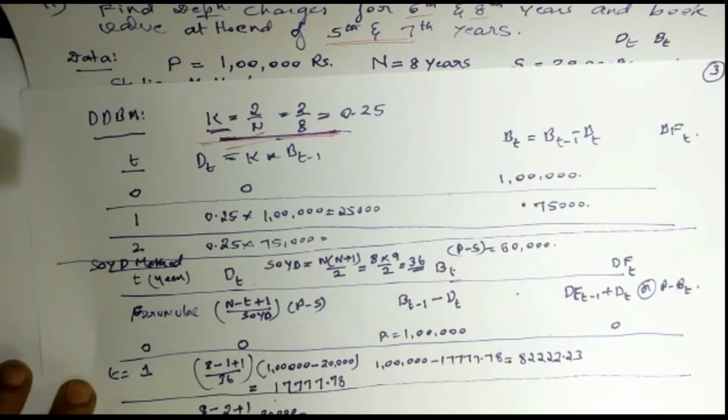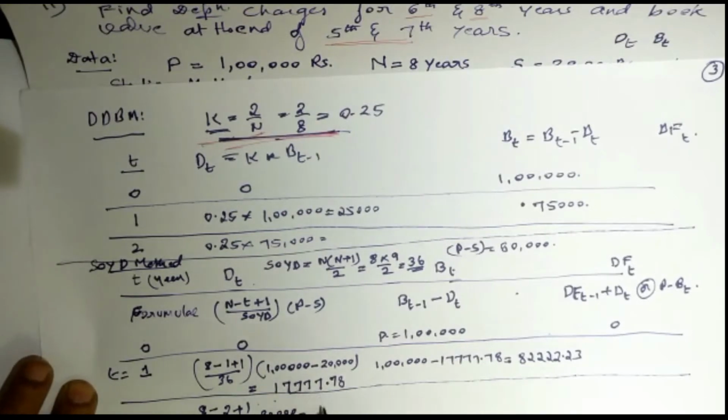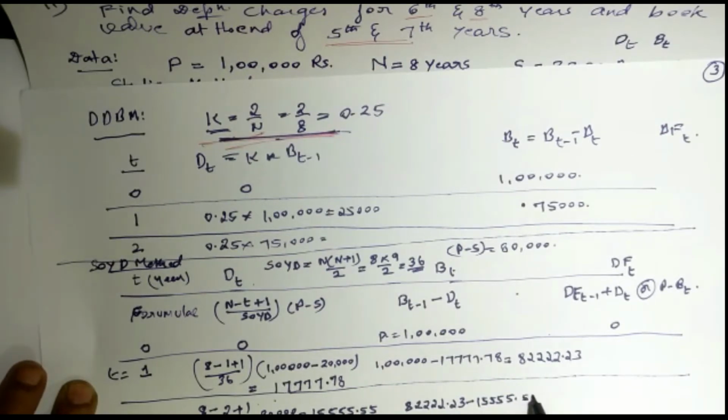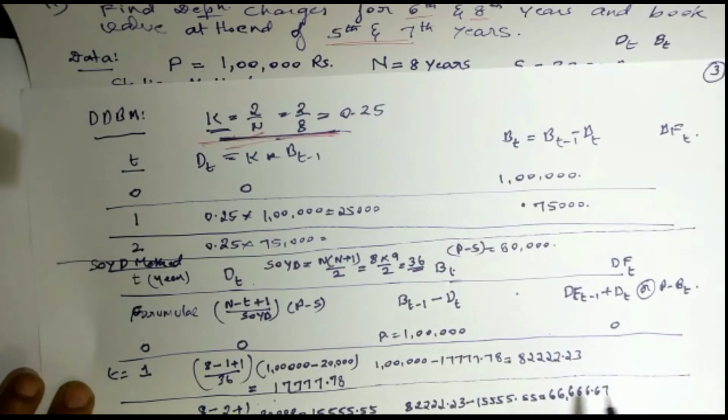It comes to 8 minus 2, 6, 6 plus 1, 7. 7 by 36 into 80,000 is 15,555.55. And the book value would be 82,222.23 minus 15,555.55, which comes to 66,666.67.